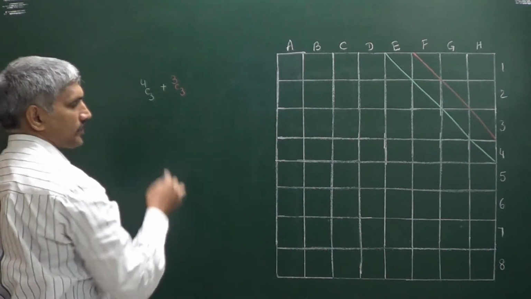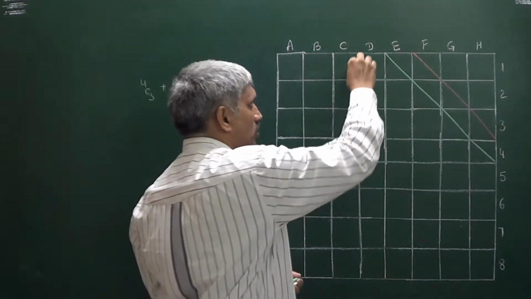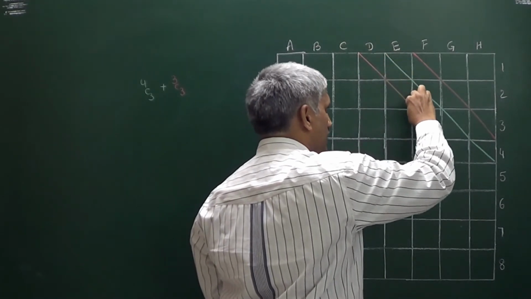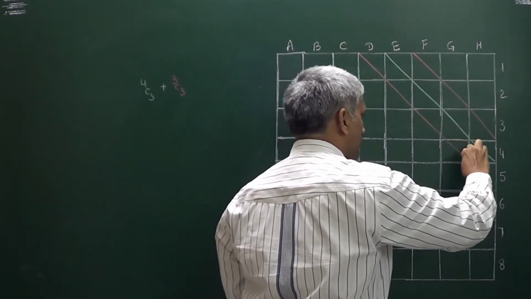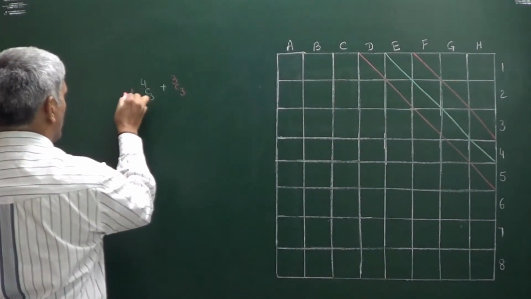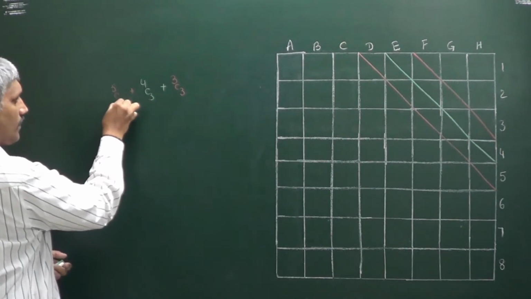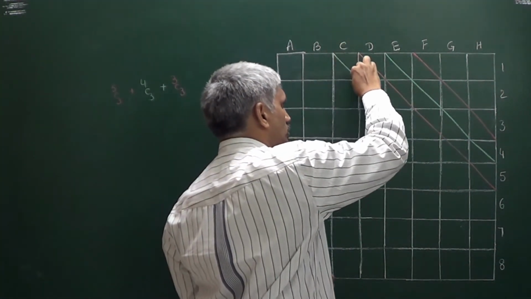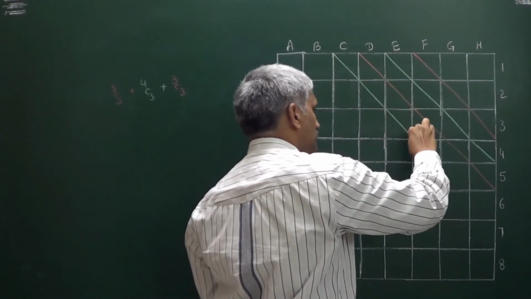Next again you can observe, along this diagonal how many squares are there? We have 5 squares. From these 5 you can select any 3. Next, along this diagonal we have 6 squares.